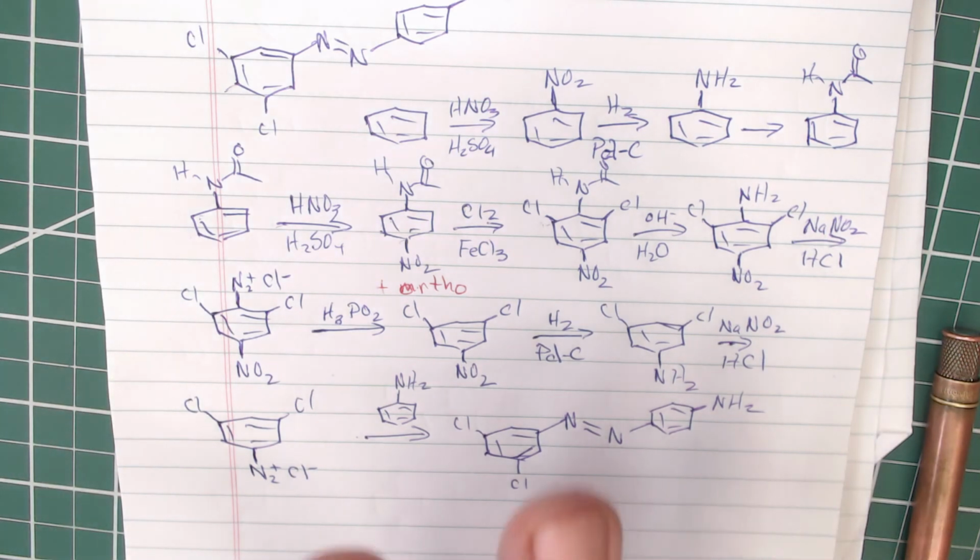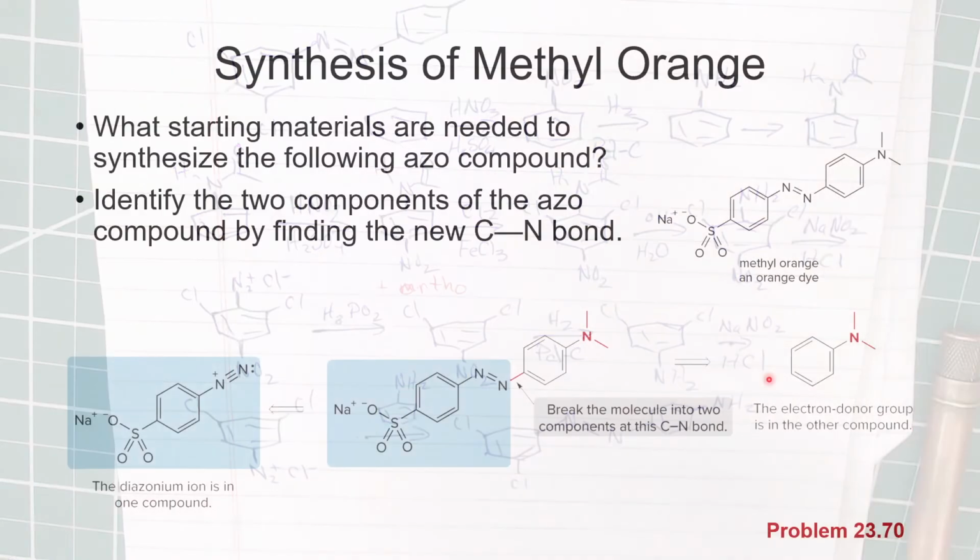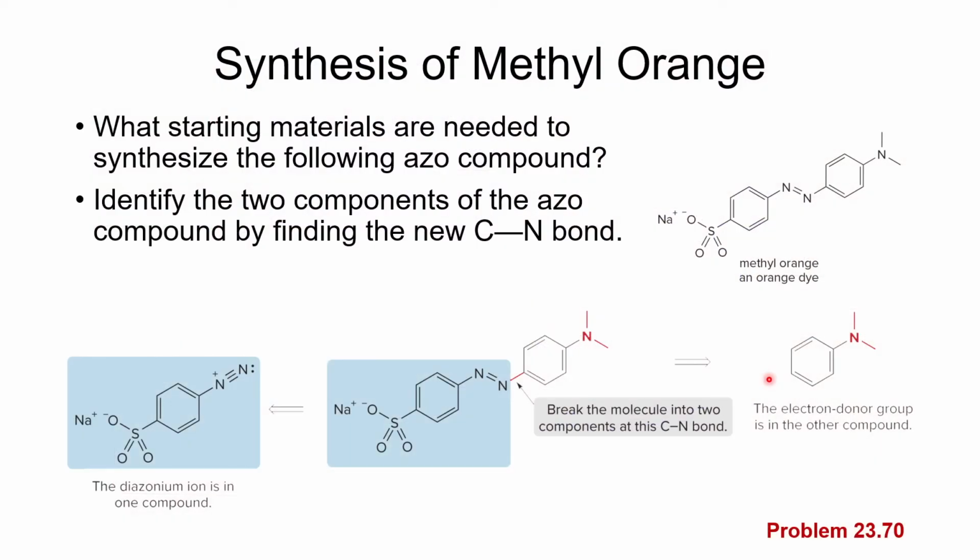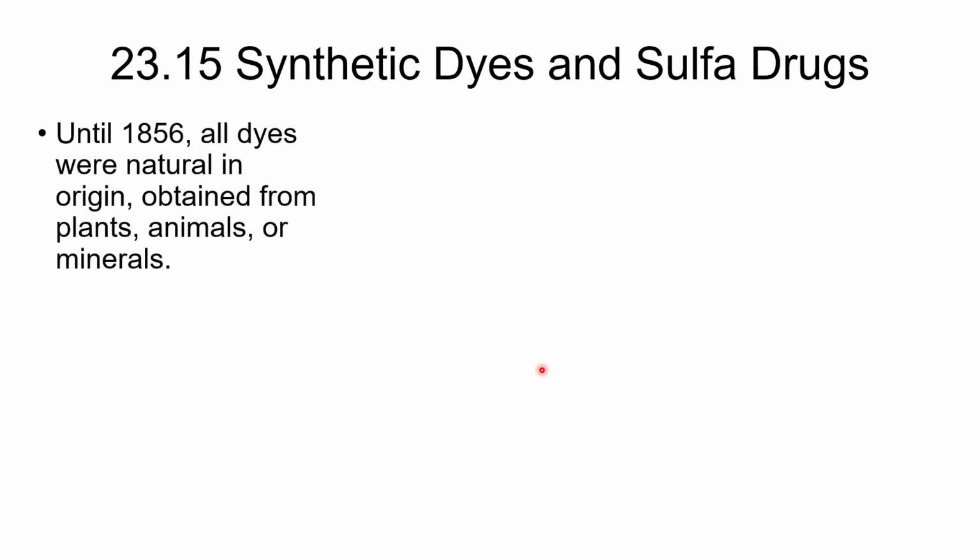All right. Now that we've done that, let's go back and we're going to finish up the last little section in this chapter where we talk about synthetic dyes, and we also talk about sulfa drugs, which is a cool story. So, up until the middle of the 19th century, pretty much all dyes that you use to dye clothes and fabrics were natural dyes.